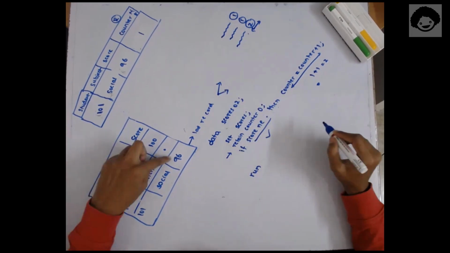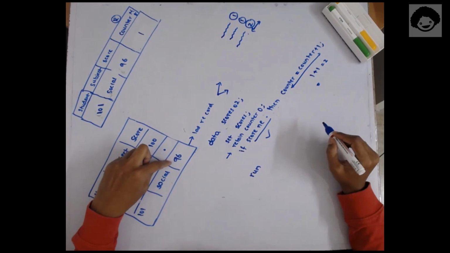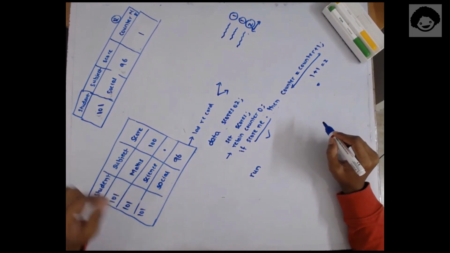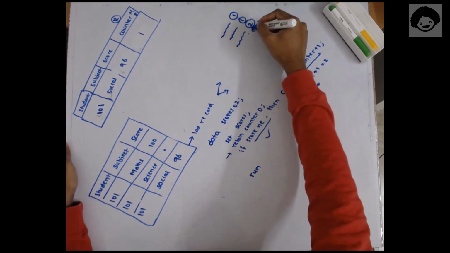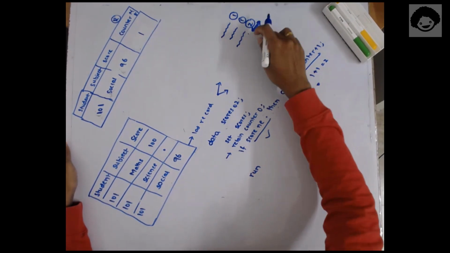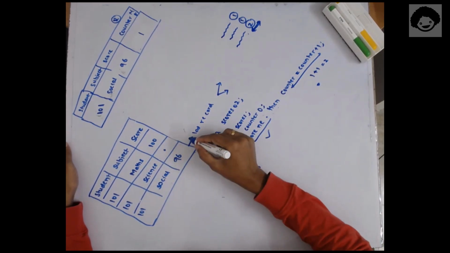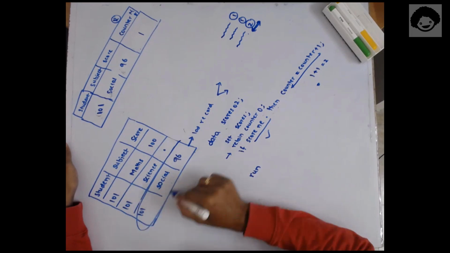Let's assume this data set is only for one subject. In order to identify the number of subjects with non-missing score or the total score, we have to filter or subset this particular record.